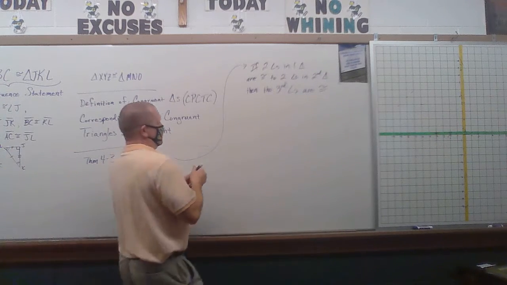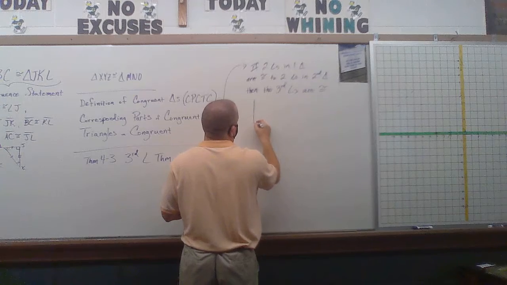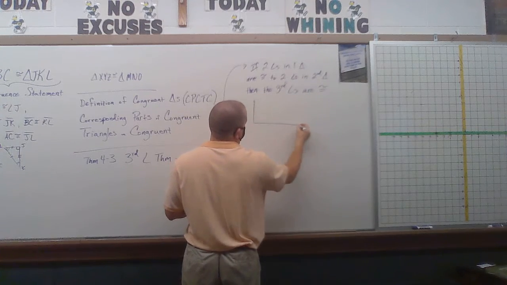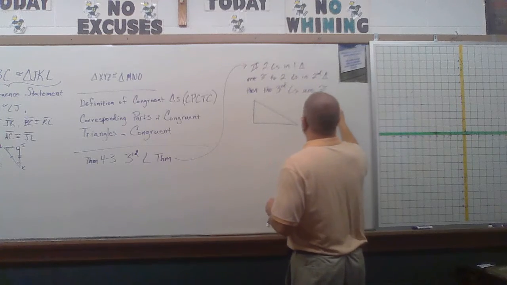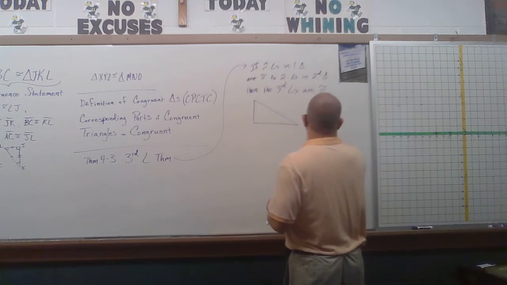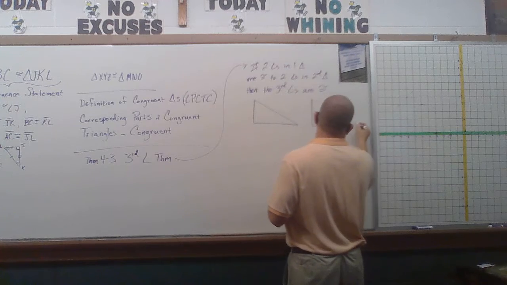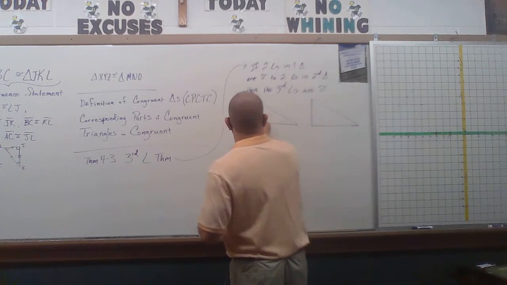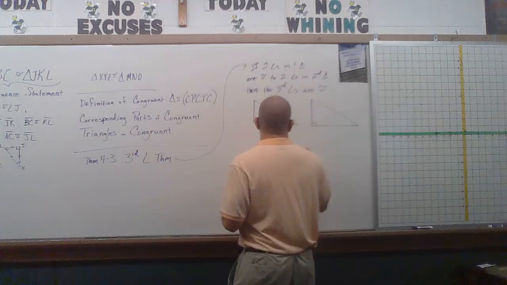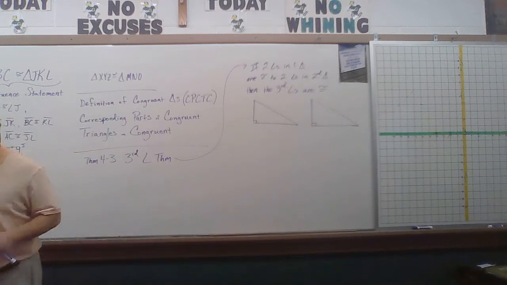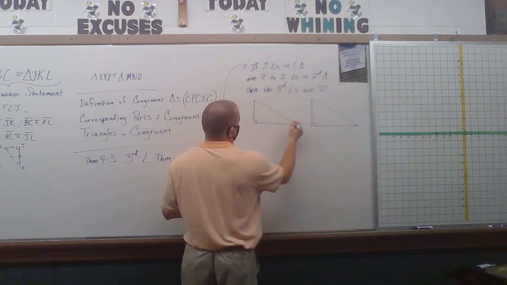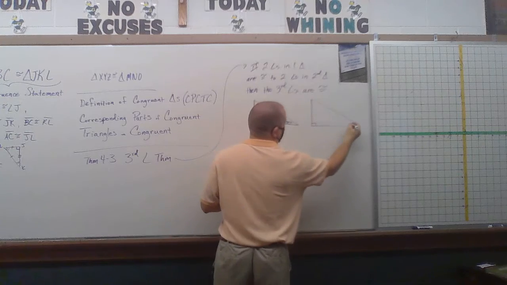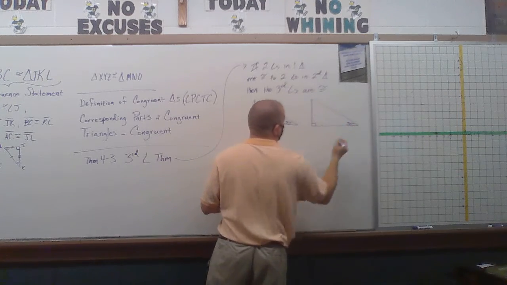But what this is saying is this. So those of you that don't like words, you like pictures. If I put a box in there, and then I put that this angle right here is 30 degrees, and this angle right here is 30 degrees.